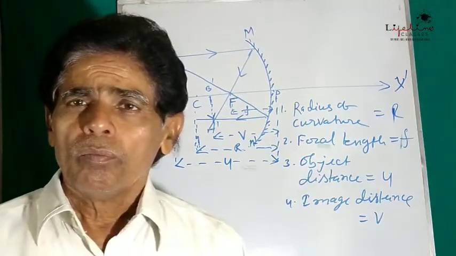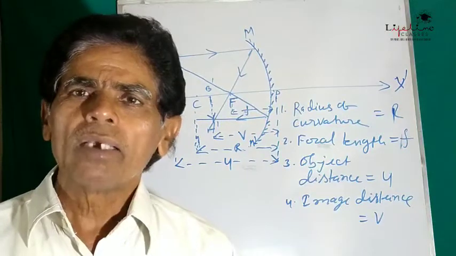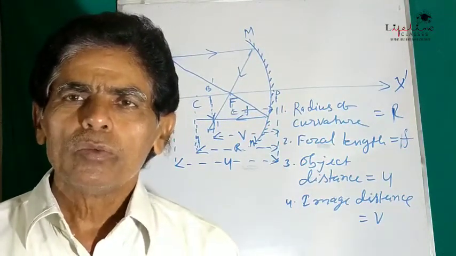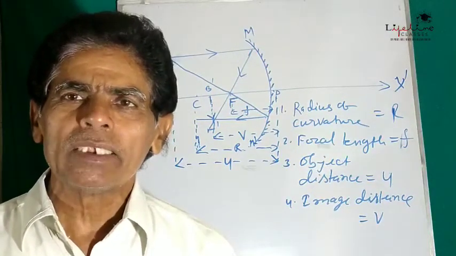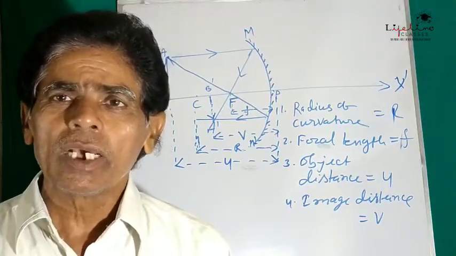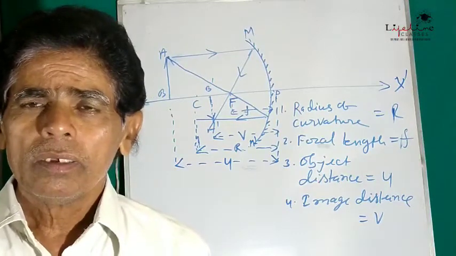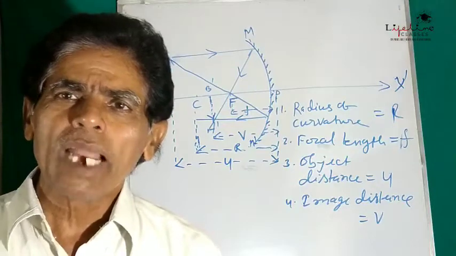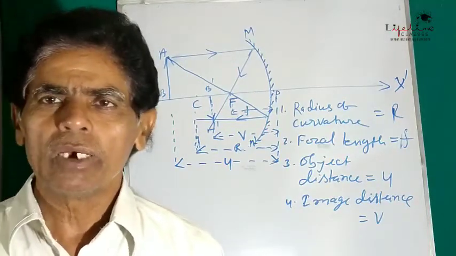So principal focus is the point on the principal axis at which the incident rays parallel to the principal axis get converged or intersect each other after reflection, or appear to be emerging out from that point after reflection in case of a convex mirror.